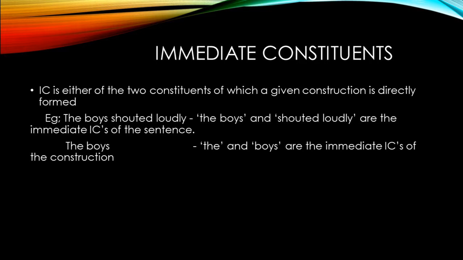For example, in the sentence the boys shouted loudly, the boys and shouted loudly are the immediate constituents of the sentence. And when it comes to the construction the boys, the immediate constituents of this construction will be the and boys. I hope that is clear to you.